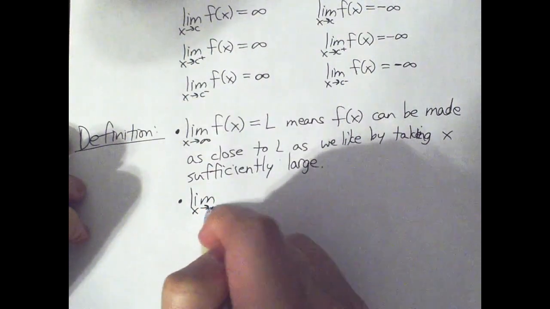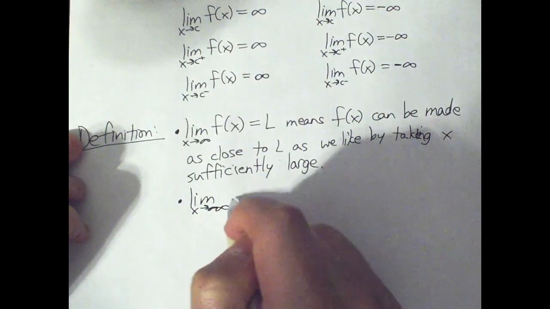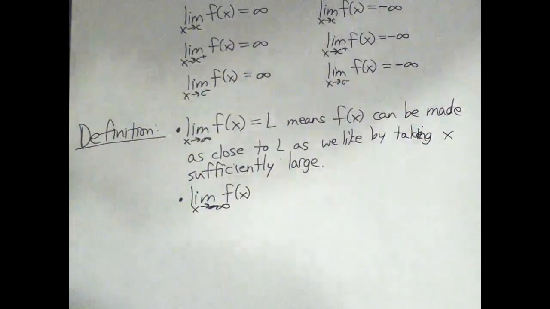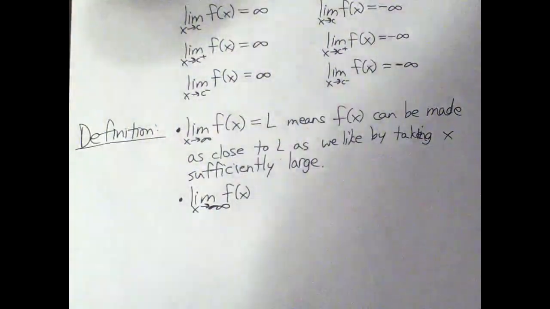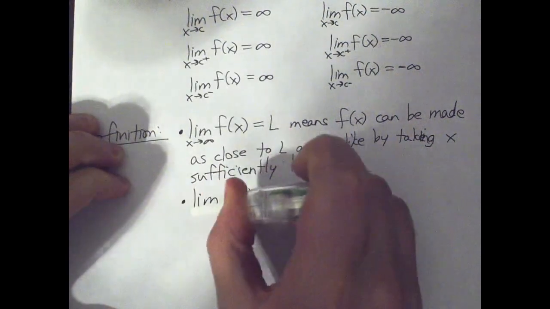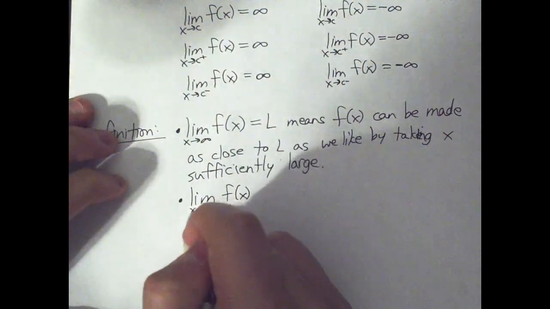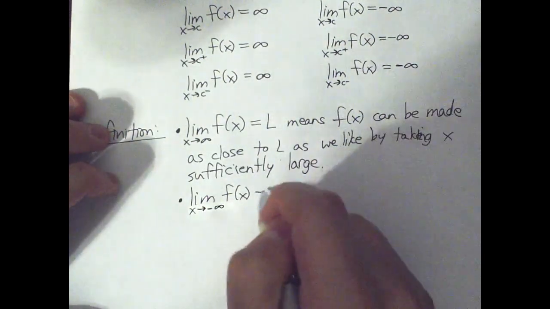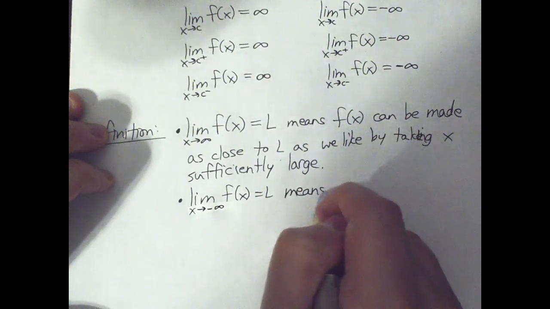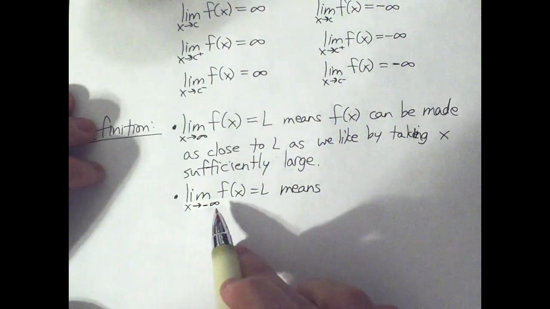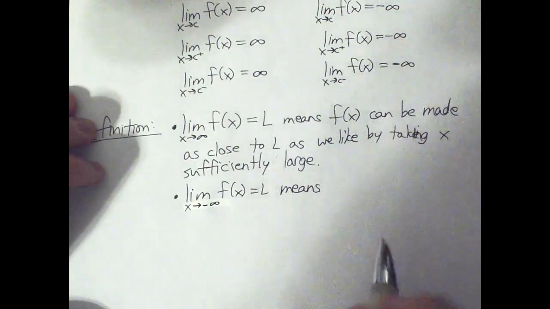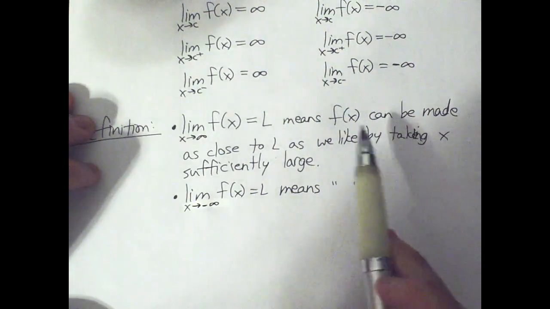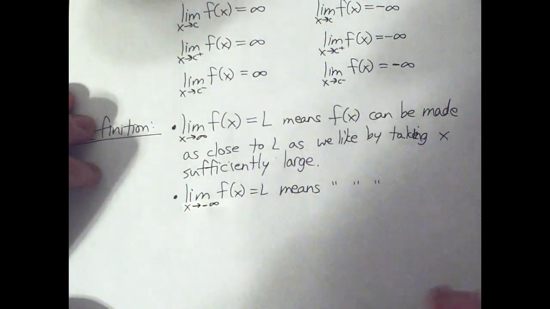There should also be a negative infinity version of this. All right, that got a little bit messy, but let me see if I can fix that up a little bit. I just want to make sure this looks clear. x is going to negative infinity. This could equal L, and it means almost the same thing. There's going to be one difference. So I'm going to put some quotation marks here and say some of the words of this definition are the same. f of x can be made as close to L as we like.